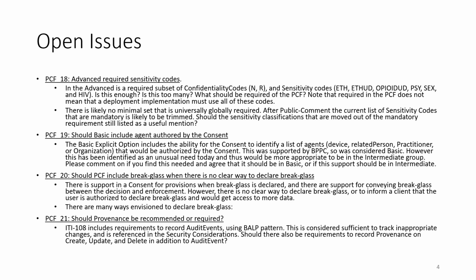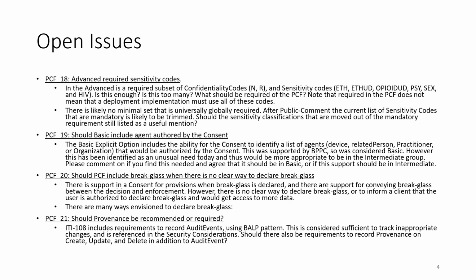Are there too many of them? Are there not enough? Is there one missing or two missing? So we're really looking for what kinds of high-level groups of sensitivity codes would be important to have as a conformance criteria for software. Again, these are conformance criteria, that does not mean that you must, in an operational environment, support consents that have all of these as part of the policy.